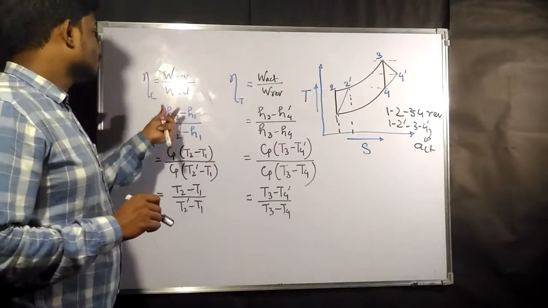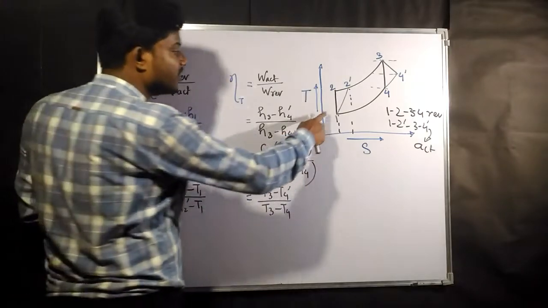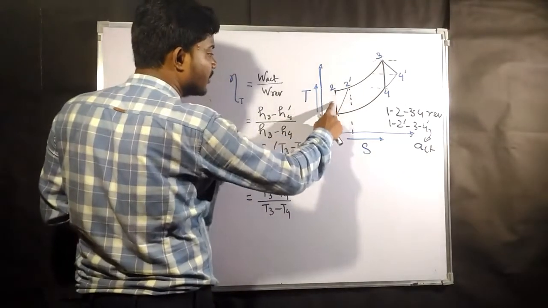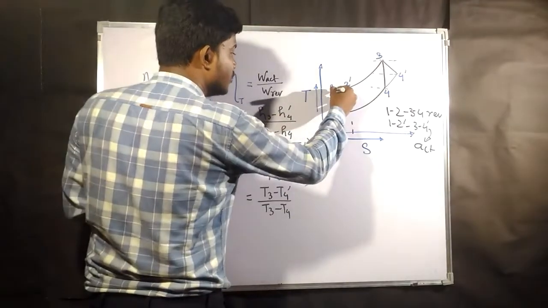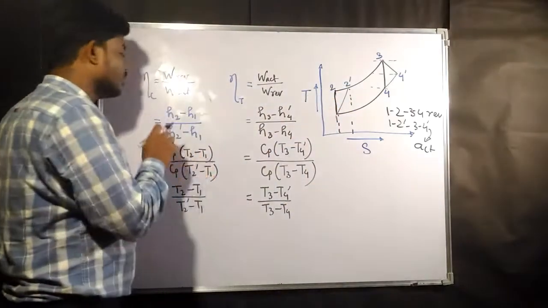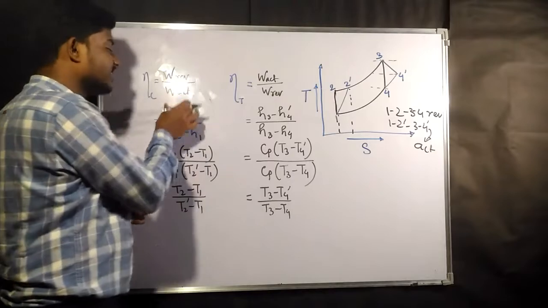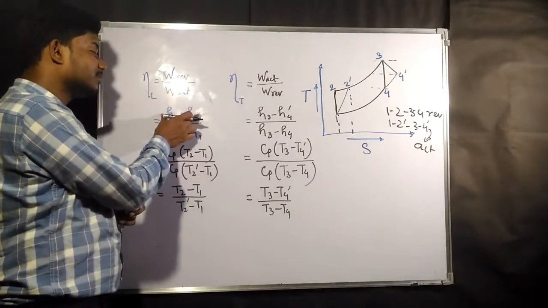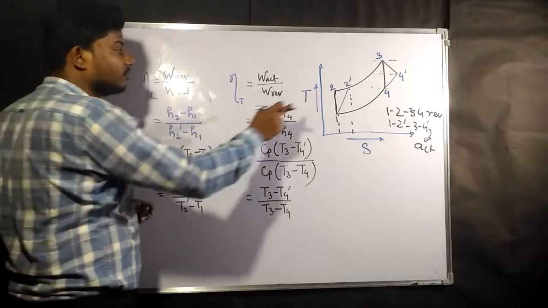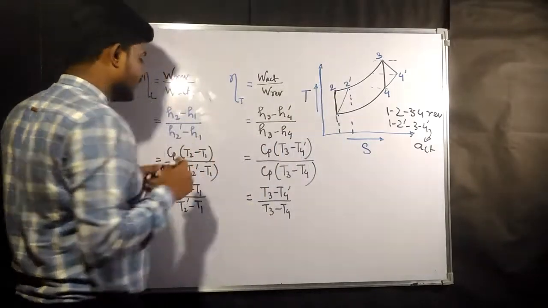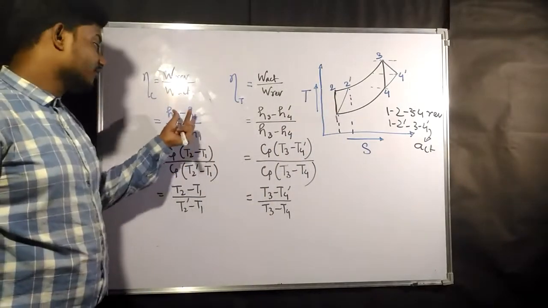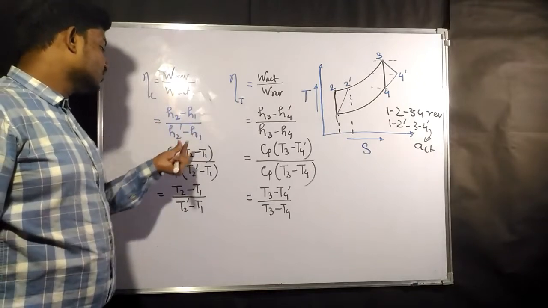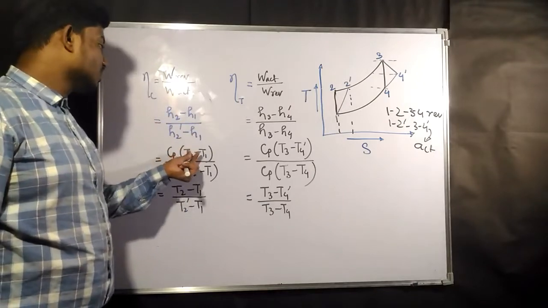So in both cases, W reversible is the reversible part. For the compressor, the work is the enthalpy difference, H2 minus H1, and actual work is H2 dash minus H1. These values are Cp into T2 minus T1.